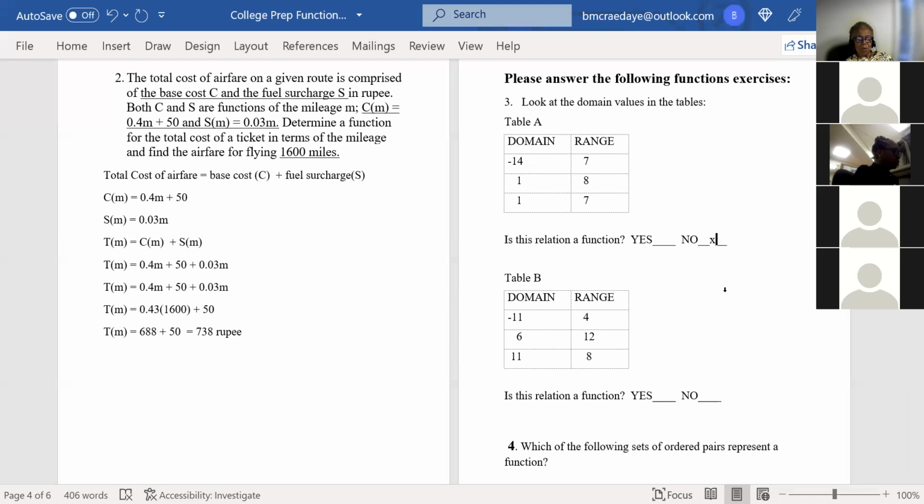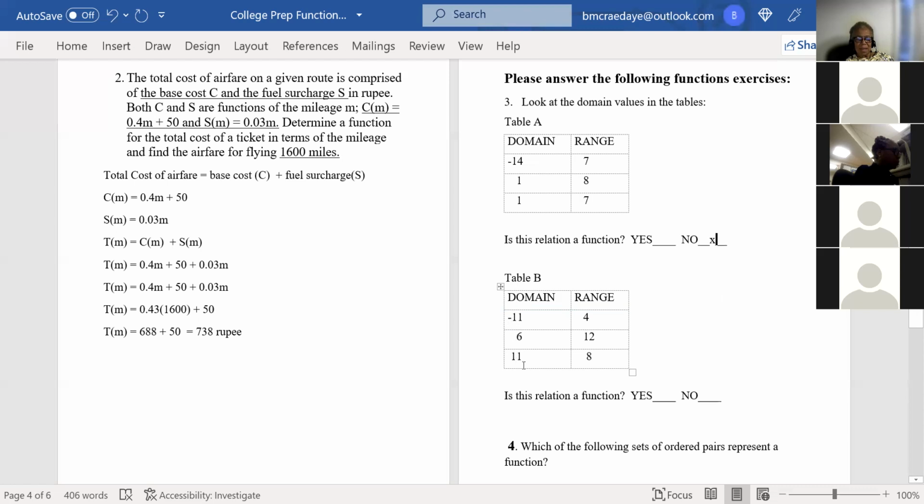I would say no. Why? Because you have a 6 domain and a 12, and then you have an 11 and an 8 and a 4. But aren't these all different? Yes, they are different. So you don't see any duplicates here, right? No duplicates, so this is a function.